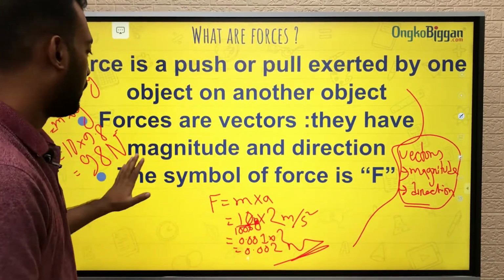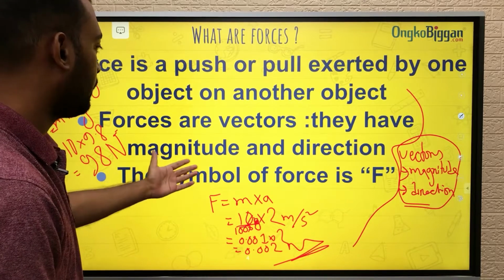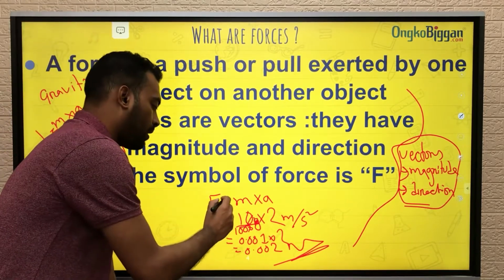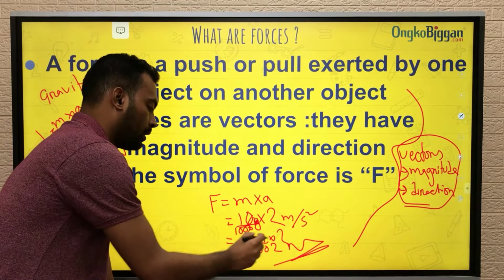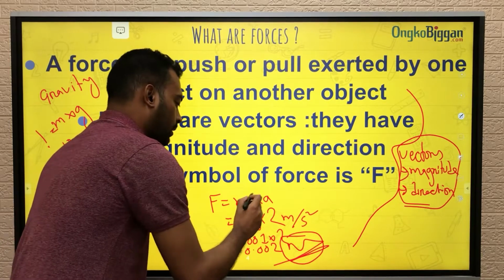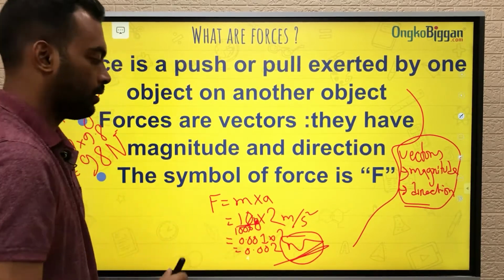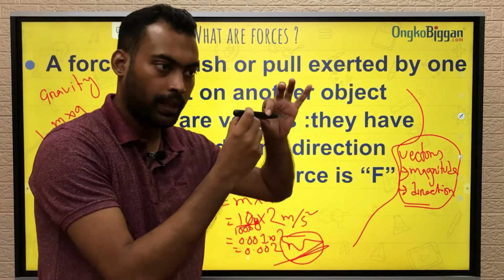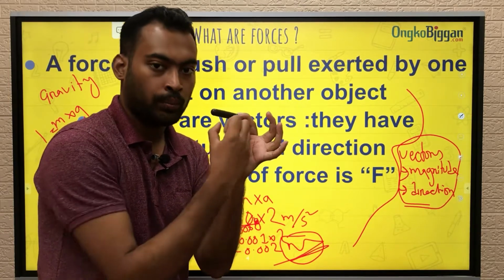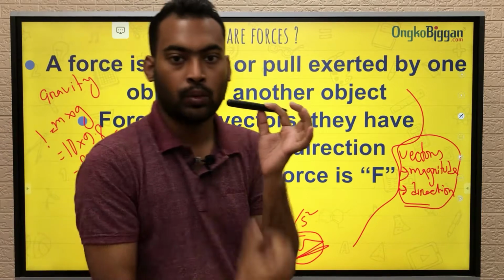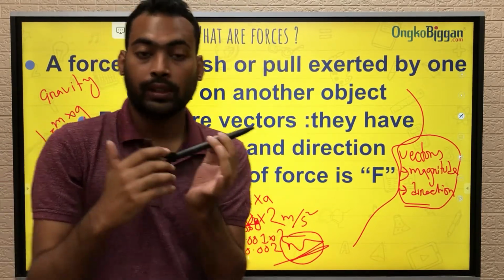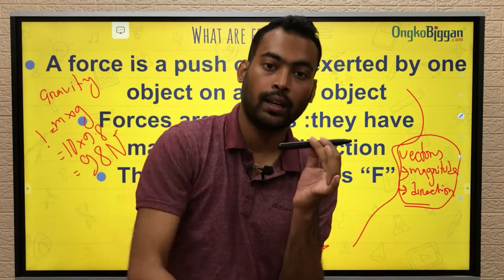Now forces, okay, I say that forces are vectors. They have magnitude and direction. Okay. Now why is it a vector? Because a force, which is denoted by Newton, has a direction. When I'm talking about the gravitational force, it pulls the object towards itself. So what is the direction? Direction towards the ground.